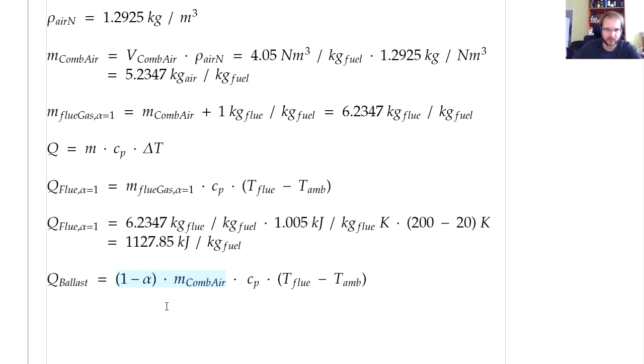This is just the extra air, multiplied by Cp delta T. And now the overall heat of the flue gas at any air excess can be written as the heat at alpha equals 1 plus the ballast heat.